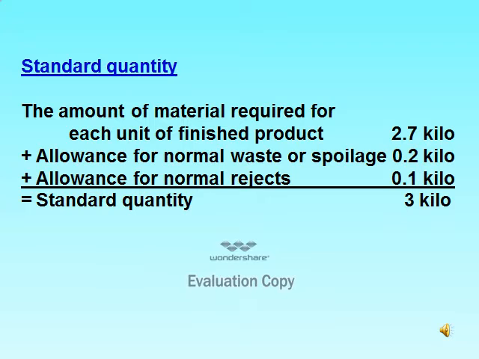To calculate the standard quantity, start with the amount of material required for each unit of finished product 2.7 kg, plus allowance for normal waste or spoilage 0.2 kg, plus allowance for normal rejects 0.1 kg, which equals a standard quantity of 3 kilograms.